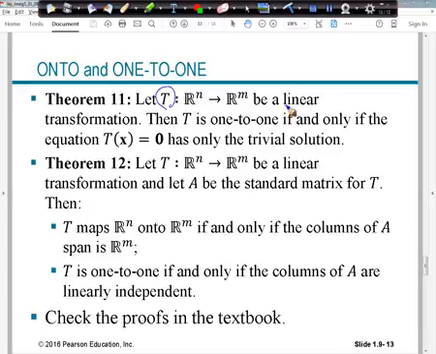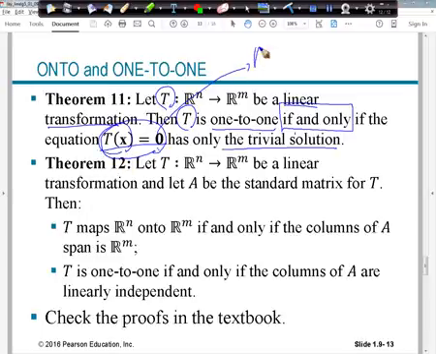So we consider a linear transformation, and T is 1-to-1 if and only if Tx equals 0 has only the trivial solution. In the case of a linear transformation, T of x is written in this form. And this A corresponding to the linear transformation T was called what?